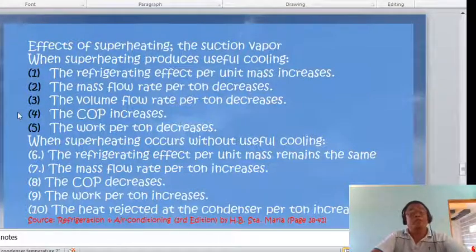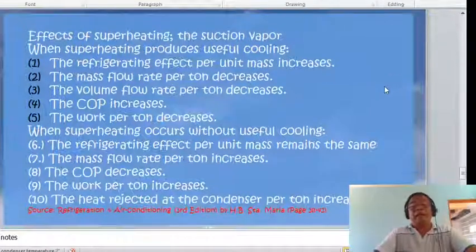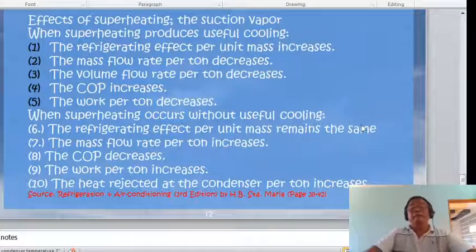When superheating occurs without useful cooling, the refrigerating effect per unit mass remains the same, and the mass flow rate per ton increases, the COP decreases, the work per ton increases, and the heat rejected at the condenser per ton increases.